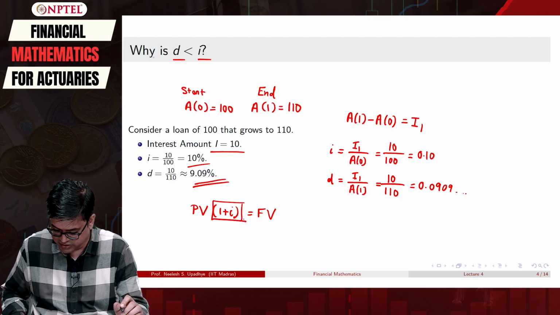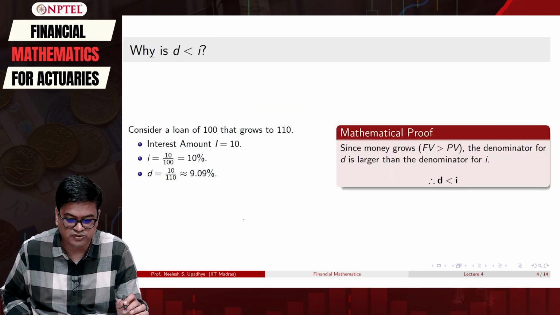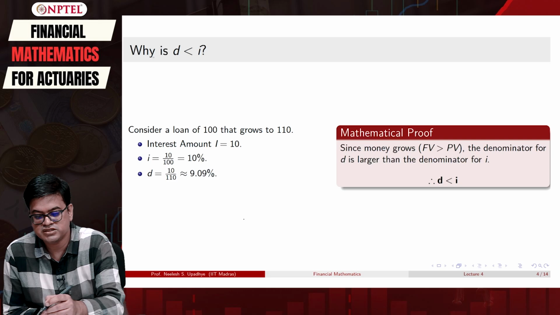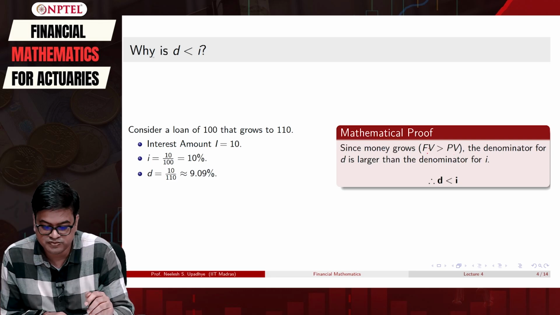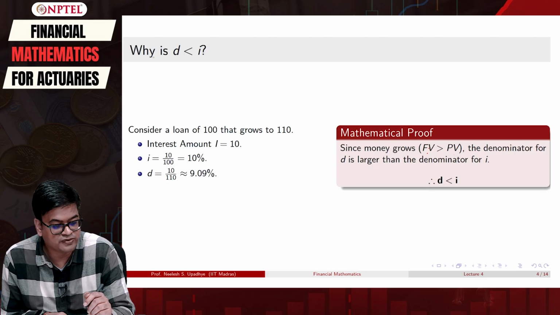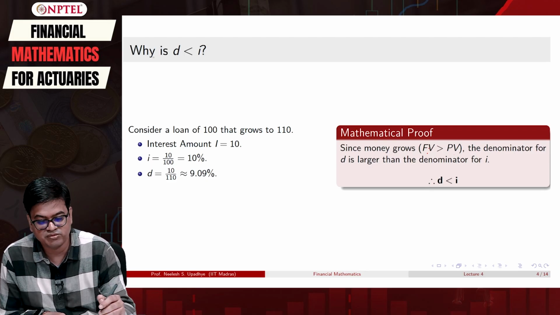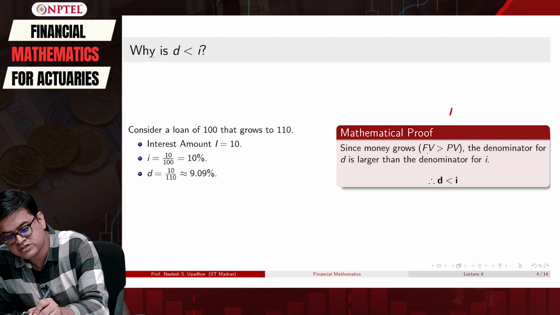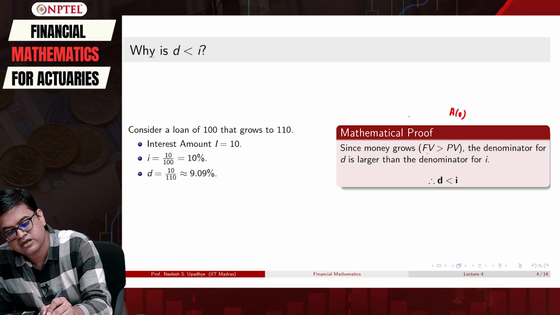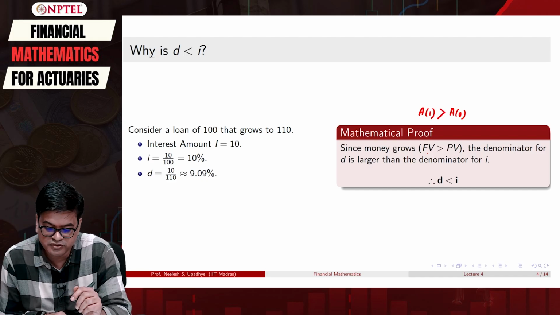Therefore, present value is always smaller than future value, and whenever I take the denominator which is of higher value, where present value is denoted by A0 and the future value is denoted by A1, then we always have a relation of this form.